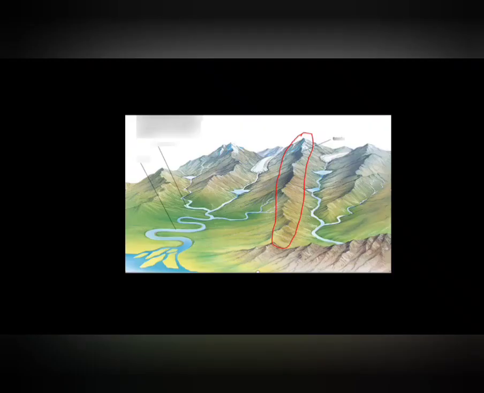Next, if we look into your textbook, there is a term called water divide. You might be thinking, what is a water divide? Water divide is nothing but big mountain slopes which divide the river. That is called a water divide.